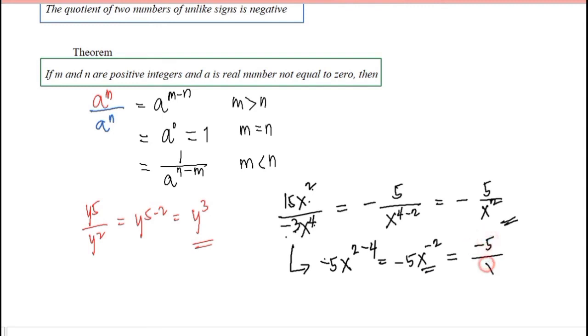And that would be x squared. And this is our answer, the same as this answer here. So remember that when we move it from the numerator to the denominator, the sign changes. So from negative here, it becomes positive. Or if your negative is in the denominator and you move it to the numerator, then it becomes positive in the numerator.